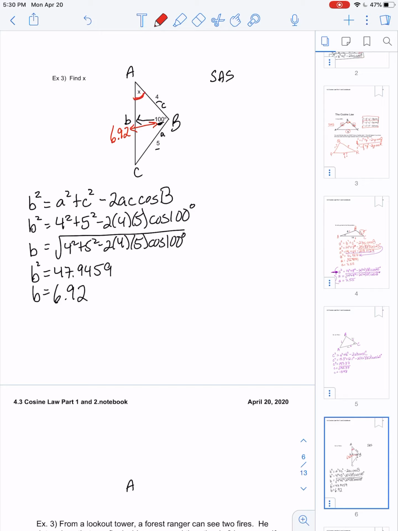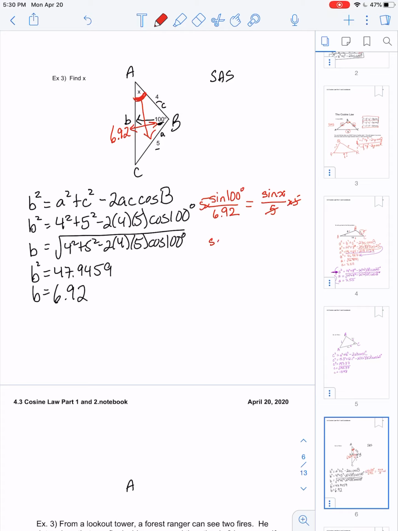So according to the sine law, the sine of 100 degrees divided by 6.92 equals the sine of X over the side opposite X, over 5. Multiply both sides by 5 to get the sine of X by itself.